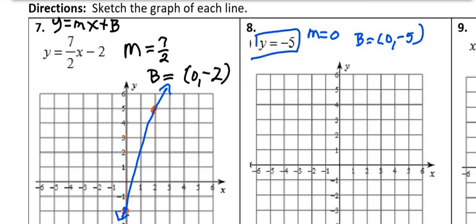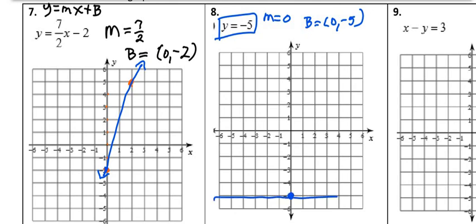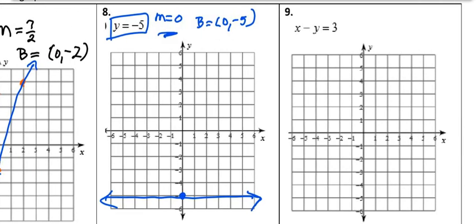Now, I see that this is y equals negative 5. So in other words, y can only cross the y-axis at a negative 5. So I put my point here, go across, and now we have the slope of 0 right up here.